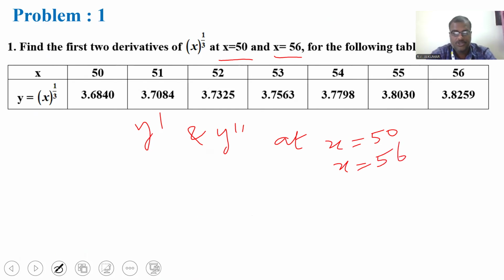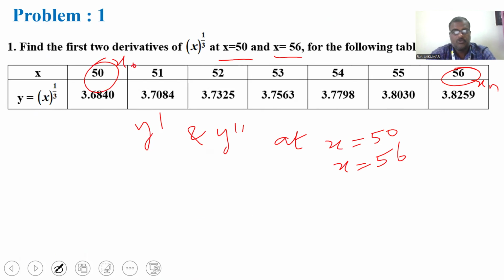One represents the first value of x, another represents the last value of x. This is called x naught and this is xn. The very first value of x is x naught, the very last value of x is xn.